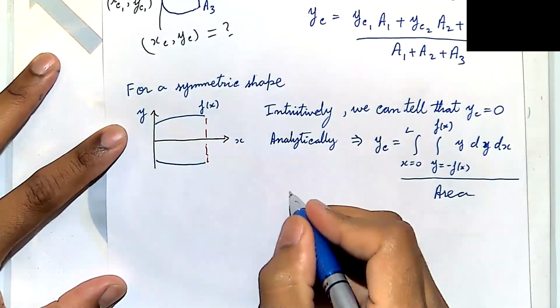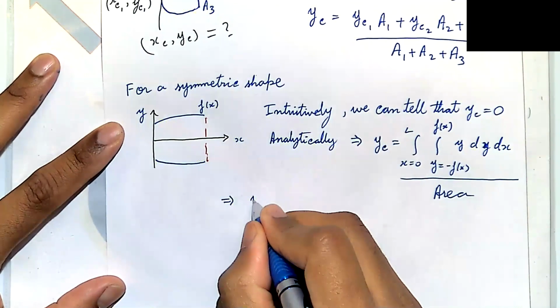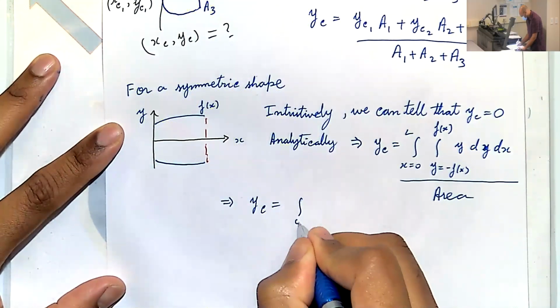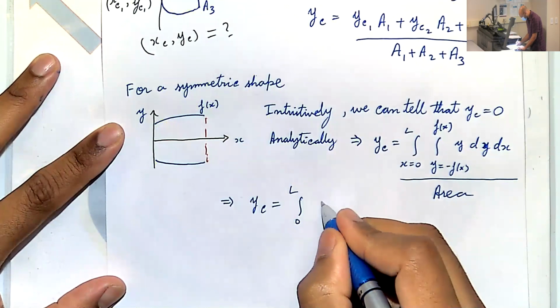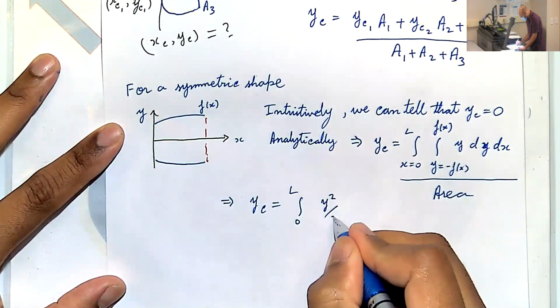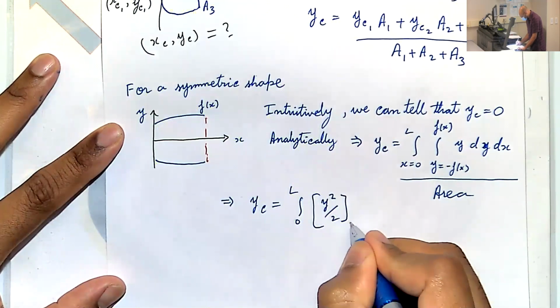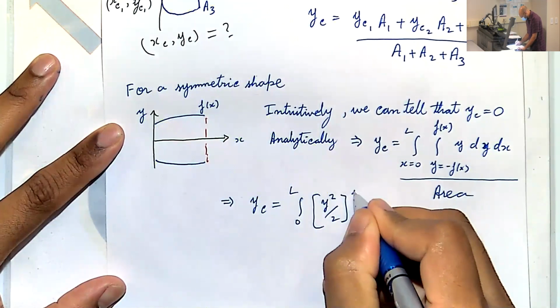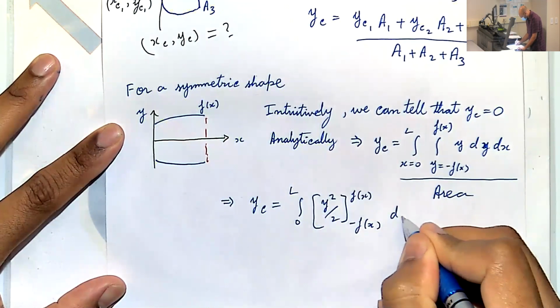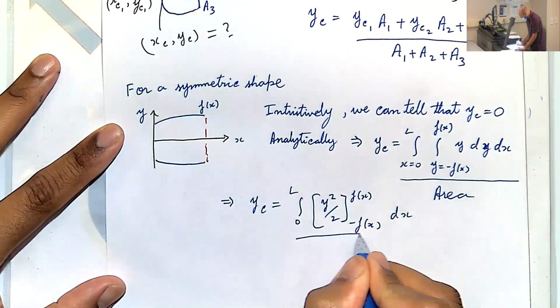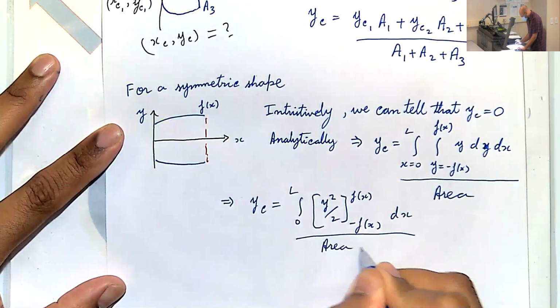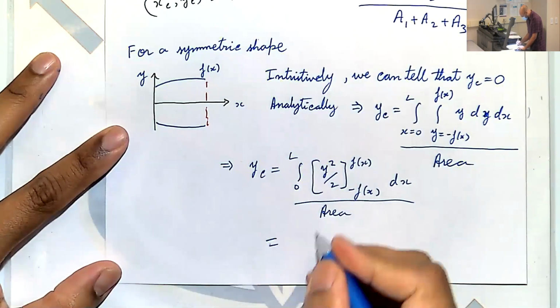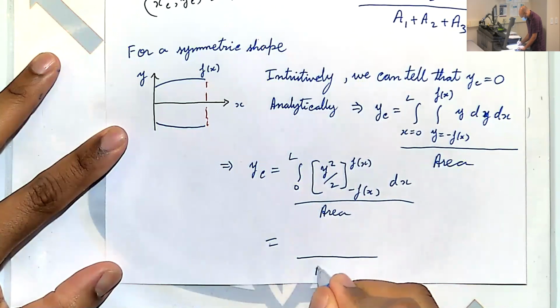Okay, let's evaluate this very quickly. So this gives us yc is 0 to L. Inside we get y squared over 2, from minus f(x) to plus f(x), dx. And you see the top is 0.